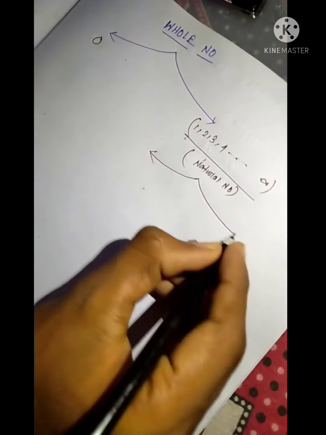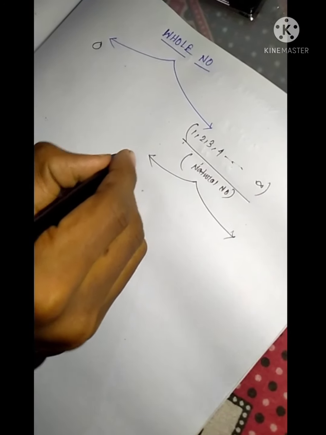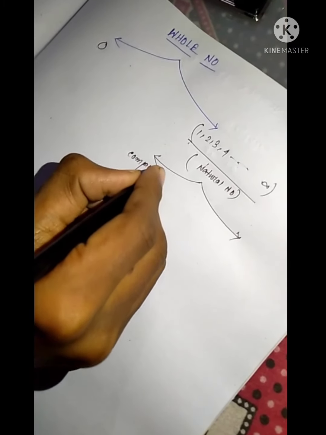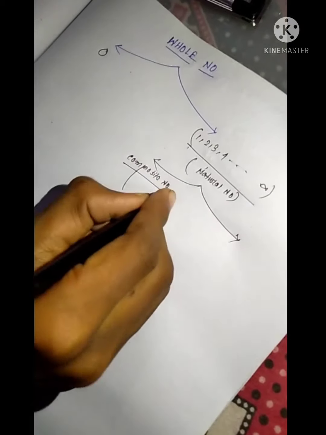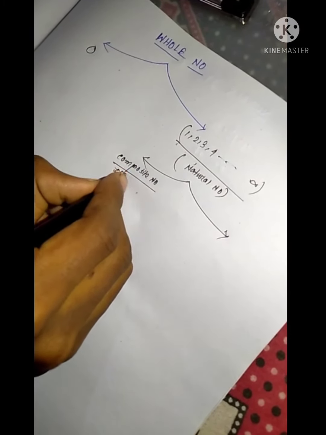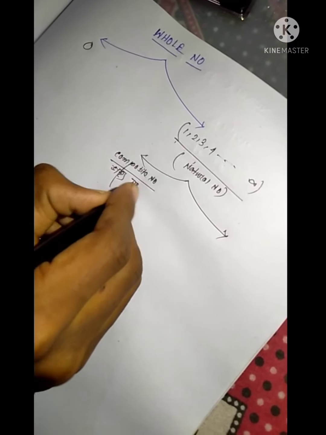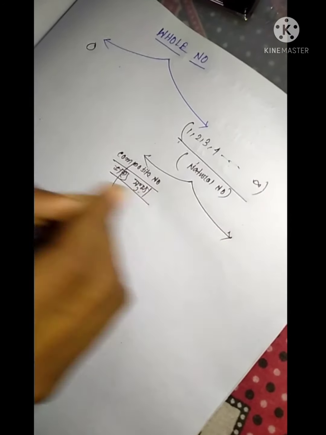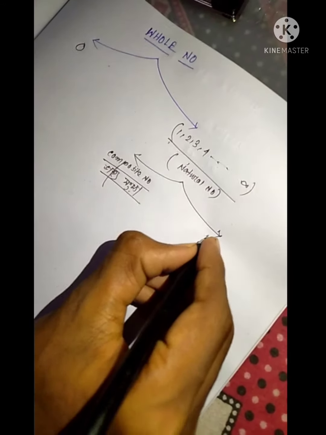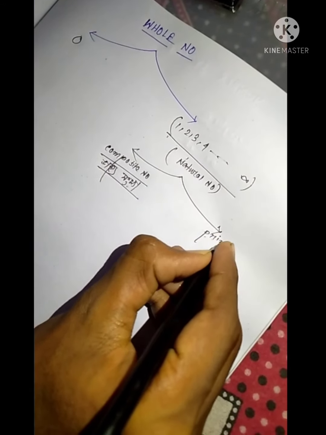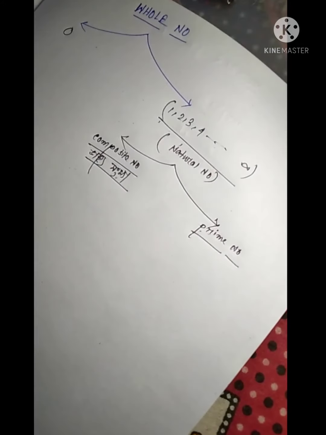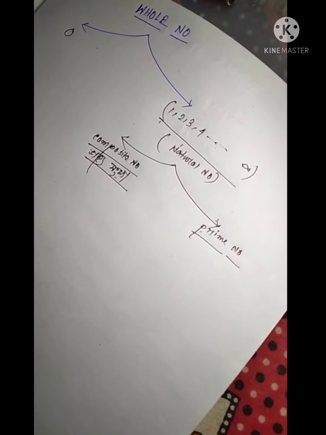One is composite number, Bhajya Sankhya, and another one is prime number, Abhajya Sankhya. Now we will discuss all this.